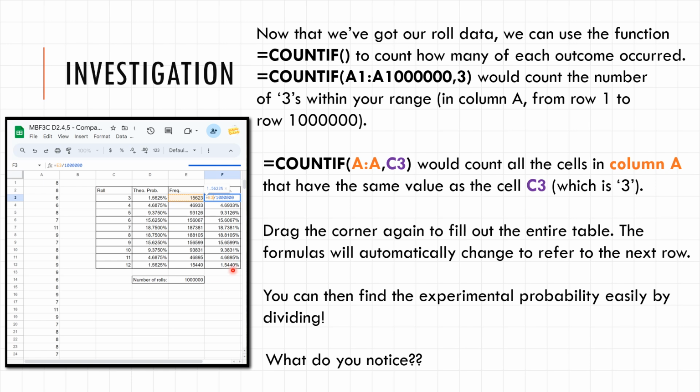One of the things I noticed was that when we did 1 million trials, the experimental probability became almost exactly the same as my theoretical probability. They're not exactly the same. Notice this is 1.5623%, and the theoretical probability was 1.5625%. So it's slightly off.